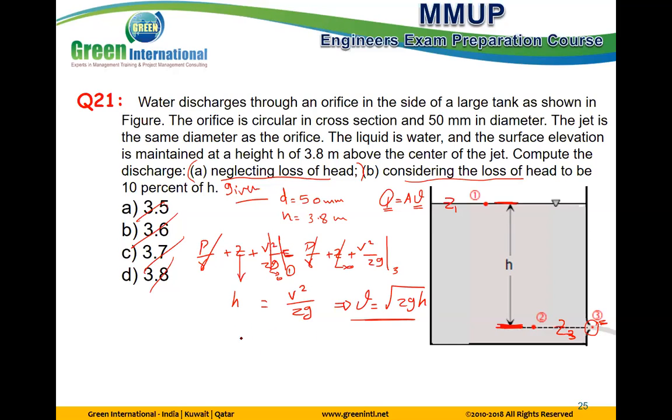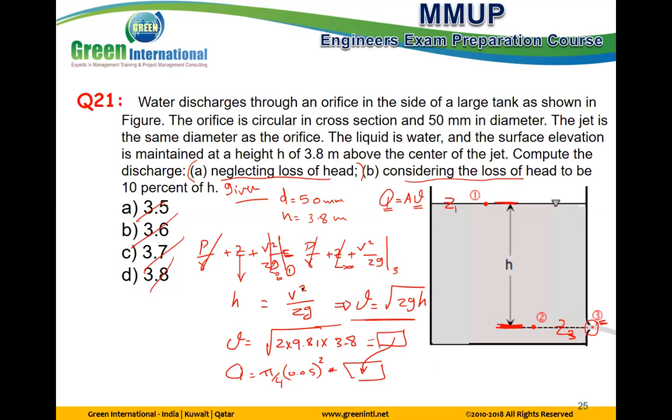Just substitute directly: V equals the square root of 2 times 9.81 times 3.8. After you get the value of V, you can get Q, which equals pi over 4 D squared, which is 0.05 squared, times velocity. Correct? Yes. This is the first stage of the problem.